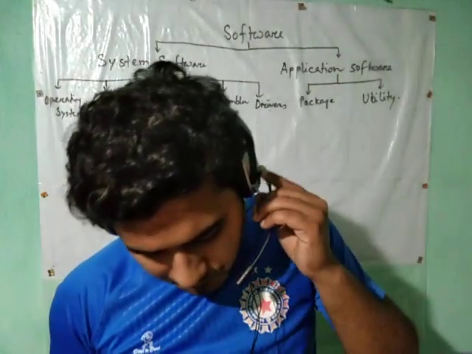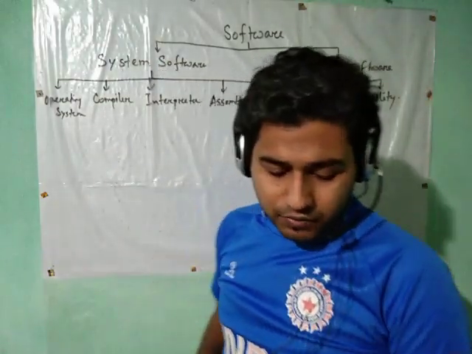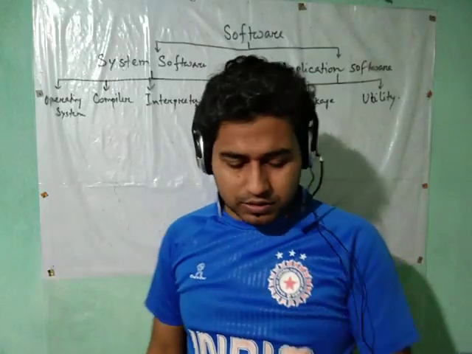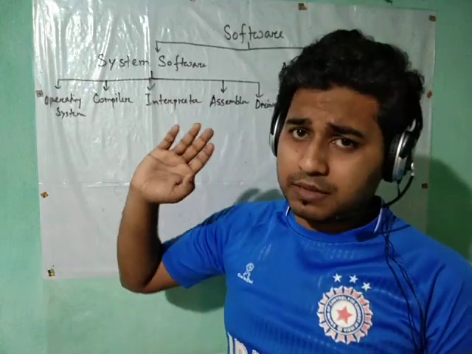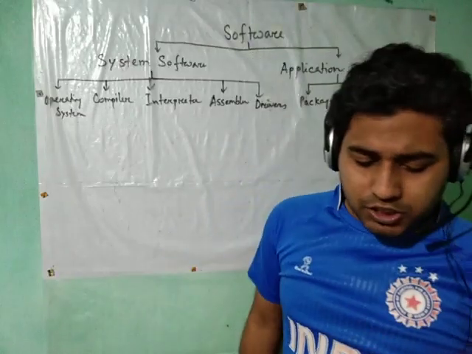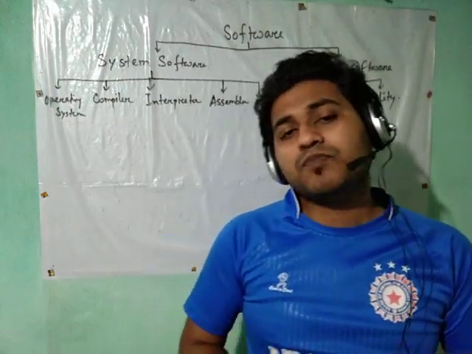Now this is the classification of software. We have already discussed system software, and I have mentioned everything regarding it. I will just read some lines and I think you will understand. What does it do, why is it there in a computer system, and what is the need of system software? System software refers to programs designed to control the operation of a computer system.